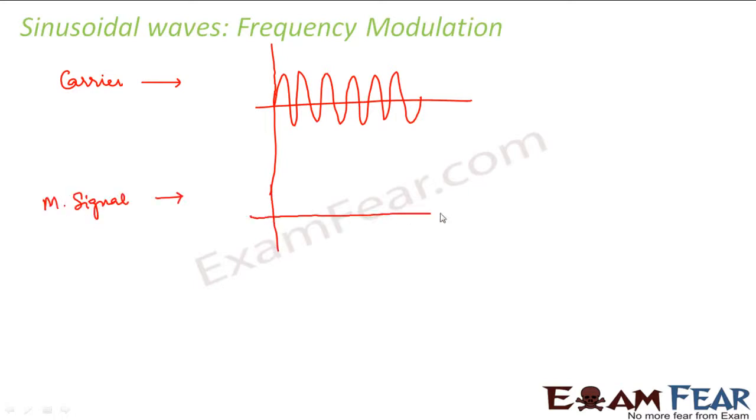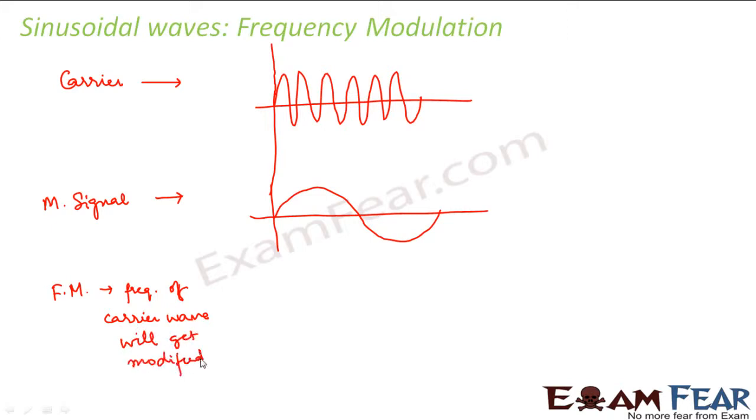What kind of message signal do we have? Somewhat like this. Now in this case it is frequency modulation, right? So what will happen? The frequency of the carrier wave will get modified. So that means the amplitude of the carrier wave will remain the same, right? Now let us see how this change happens.